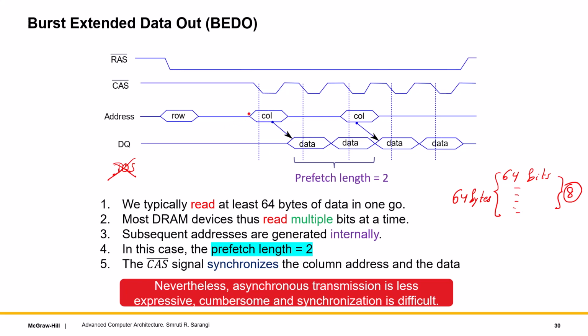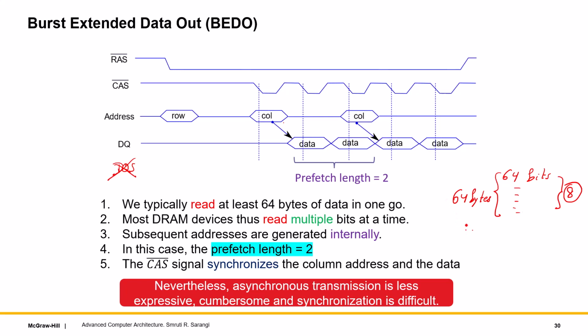So what I can do is use the same setup, have a column address strobe, and provide the column. But I can also send the data for that column and the next one.